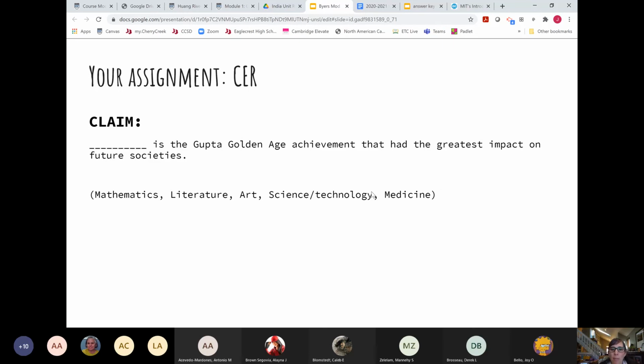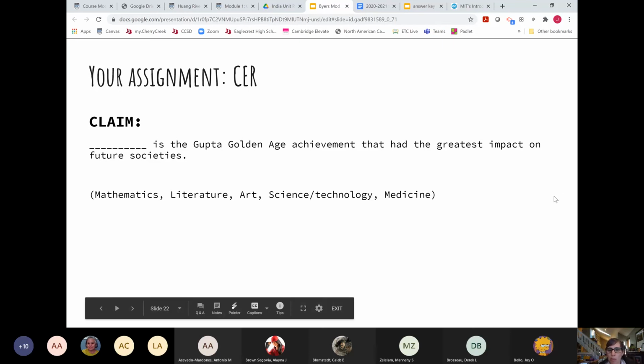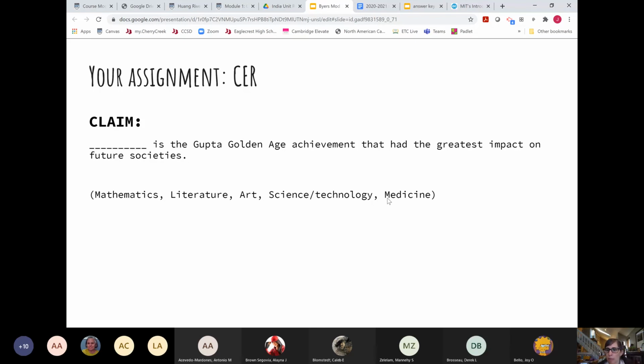And remember, there's no right answer to this, guys. There are reasons for each of these to be really important. Right now, I think our brains are really focused on medicine, so that might be where you're going in particular right now. All of them are very important, so it really is your choice. The point of a CER is that you back up your reason.